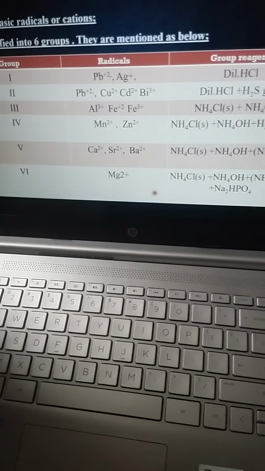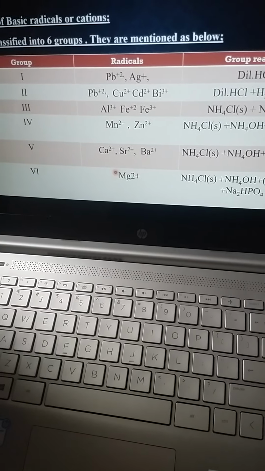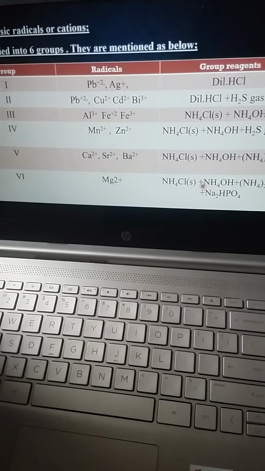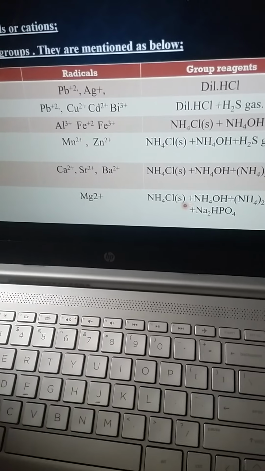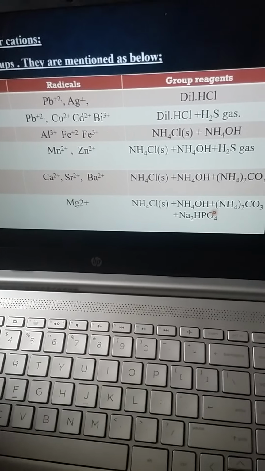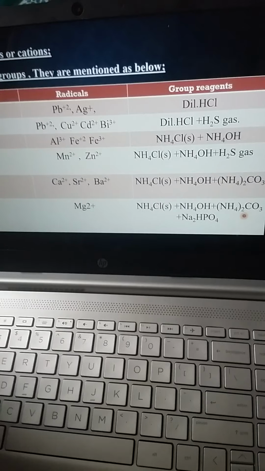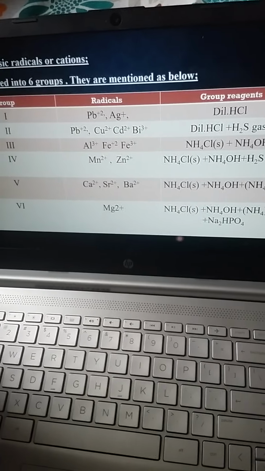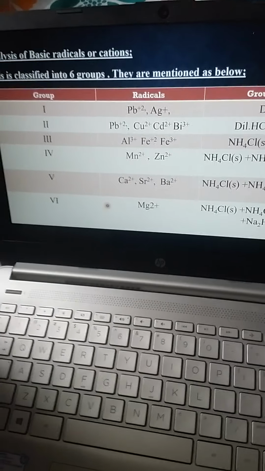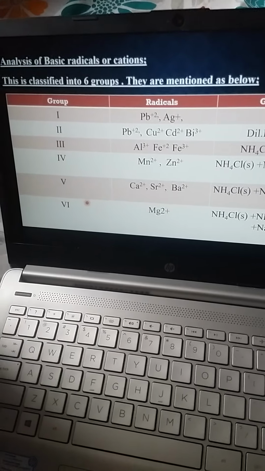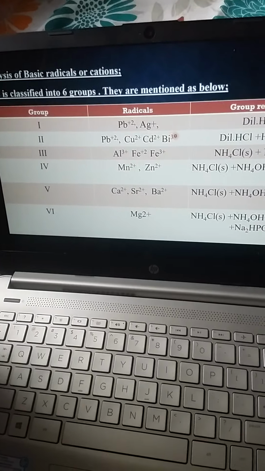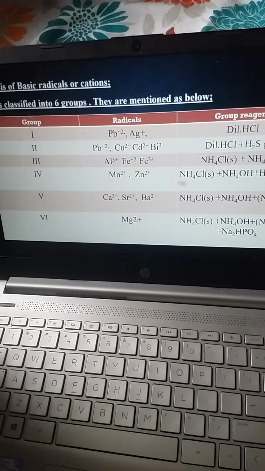Then the sixth group basic radical contains magnesium, and the group reagent used for the sixth group is solid ammonium chloride plus ammonium hydroxide plus ammonium carbonate plus sodium hydrogen phosphate. So this is all about the groups, the radicals and the group reagents.